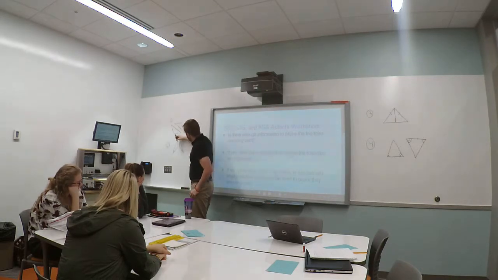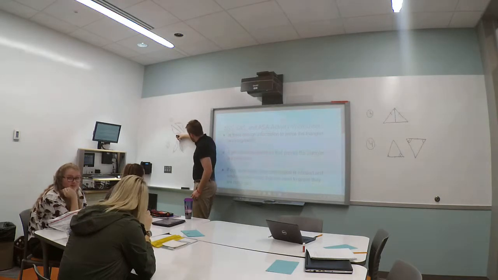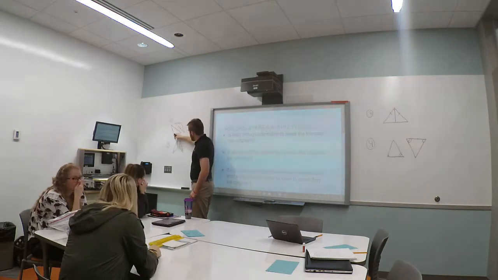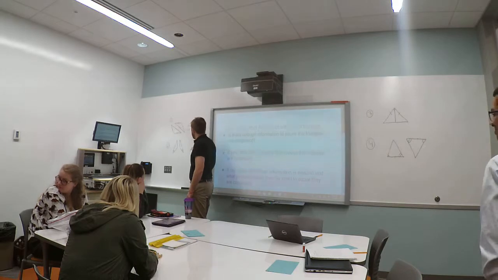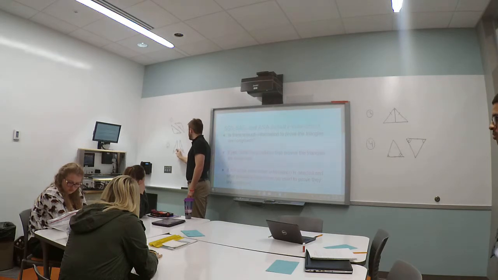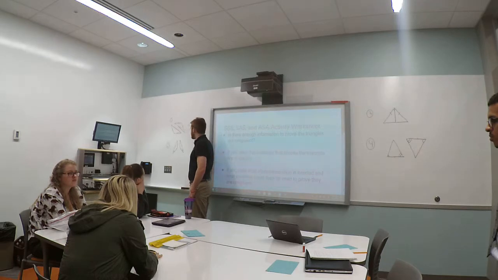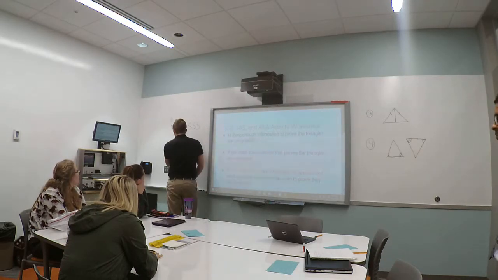One, you could prove that these two angles are of the same measure, so you can do the side angle side theorem. Or these two sides would need to be congruent, so you can do side angle side. So that's what I noticed.